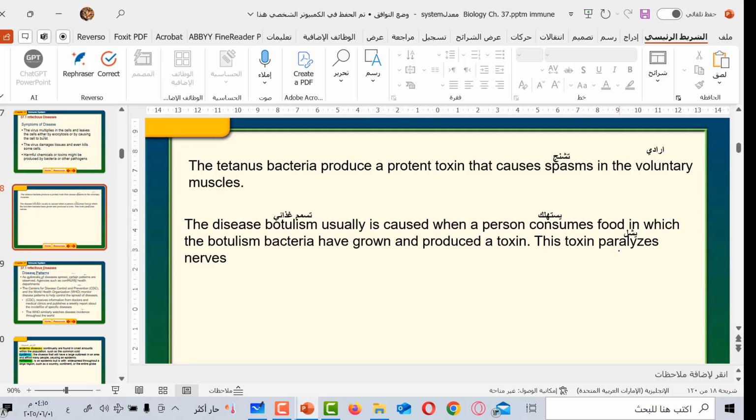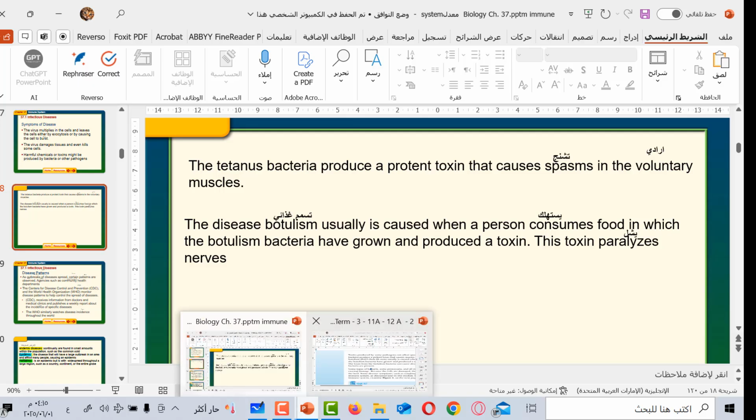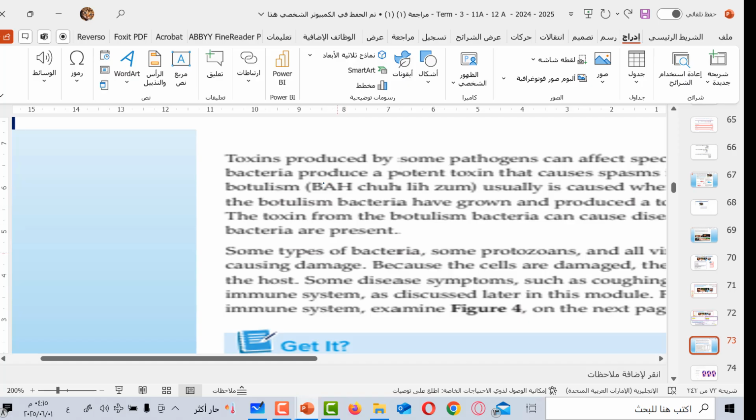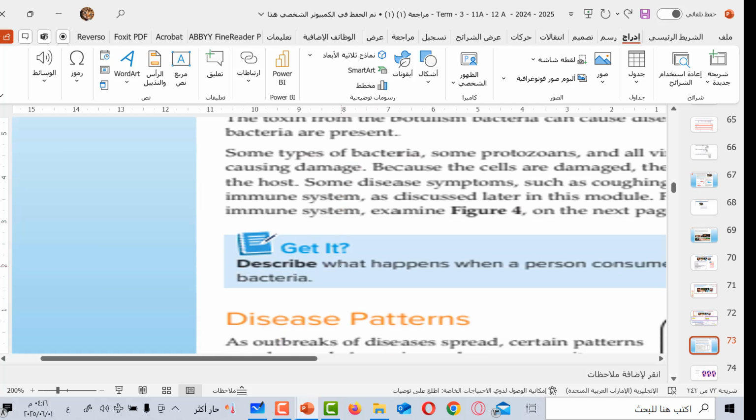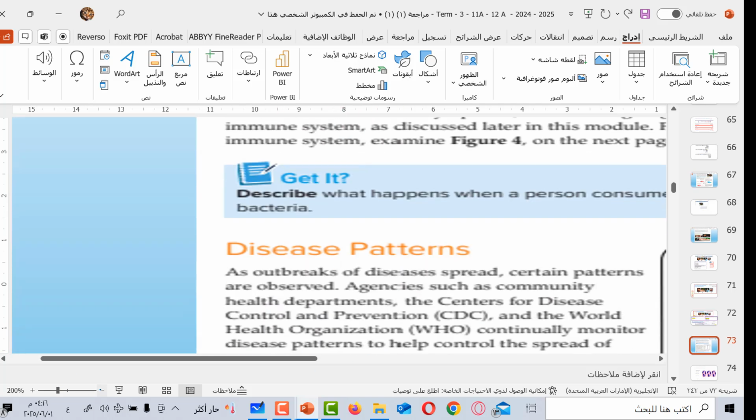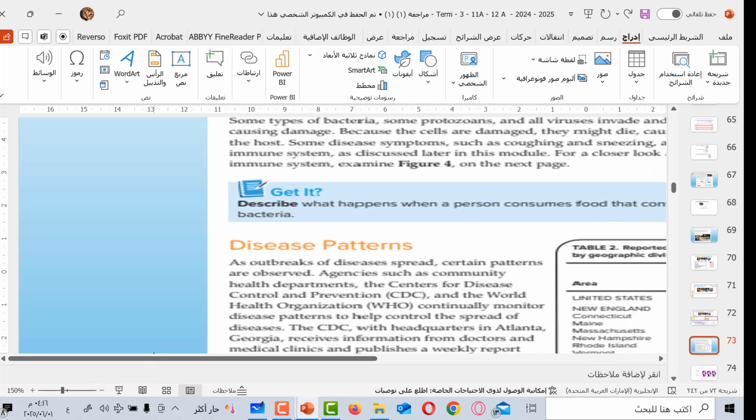This toxin paralyzes nerve, okay? This is what is mentioned in this paragraph. After that, there is a table here, okay?